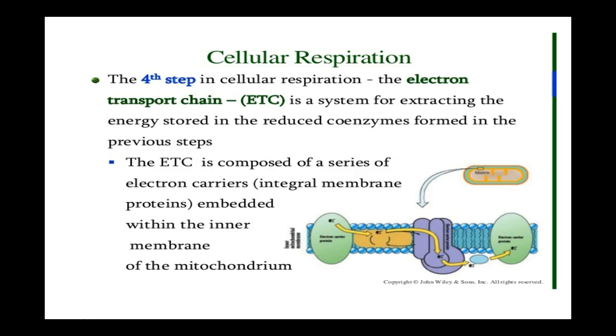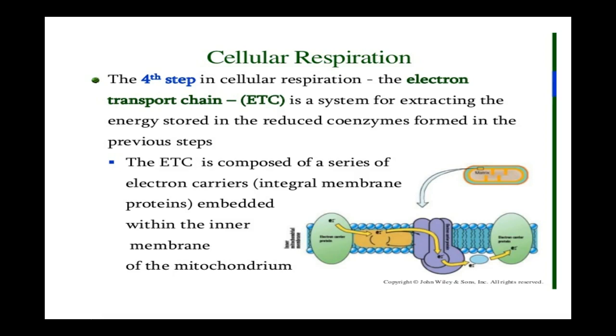The 4th step then is the electron transport chain, abbreviated as the ETC, but frankly most people call it the electron transport chain. And that is a system for pulling off that stored energy that we put onto the FAD and the NAD. The H2 on the FAD and the H on the NAD are considered stored energy.